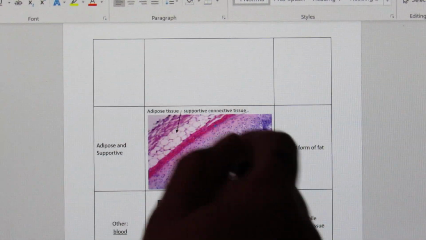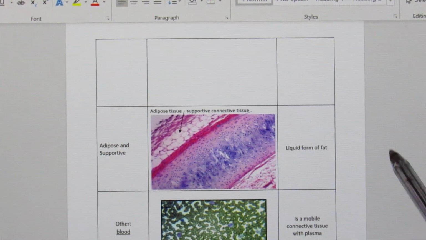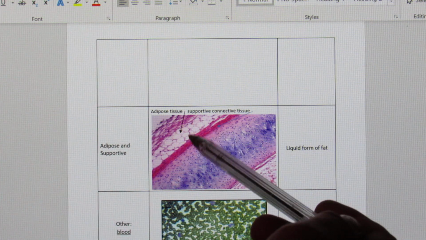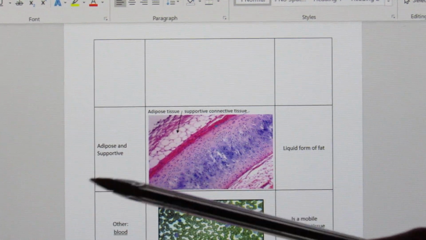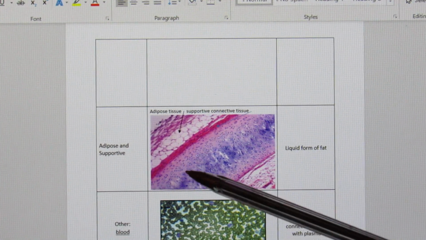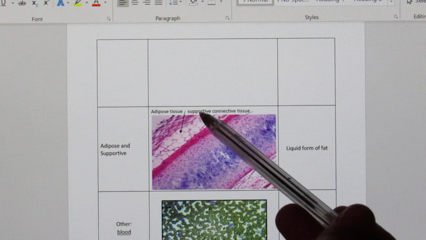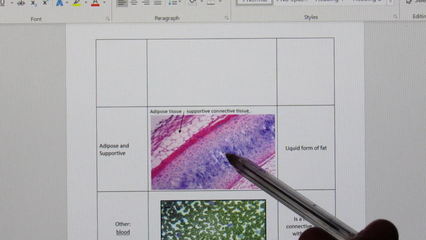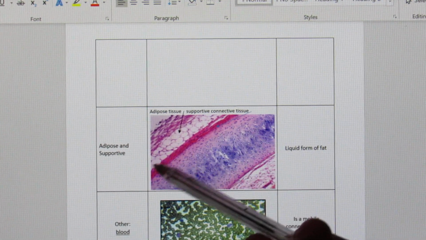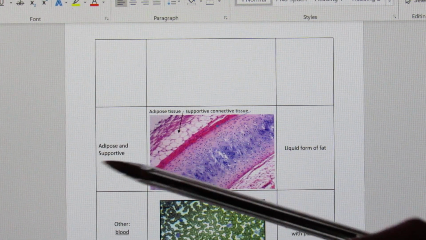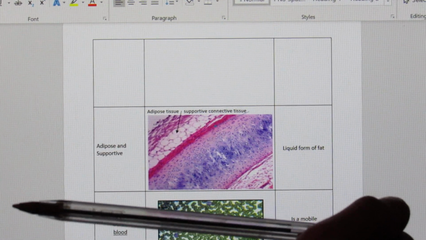The adipose and supportive tissues you can find next to each other. The adipose tissues are these bubble-like tissues, and the supportive tissue can be found underneath it, layered together with the nuclei throughout.